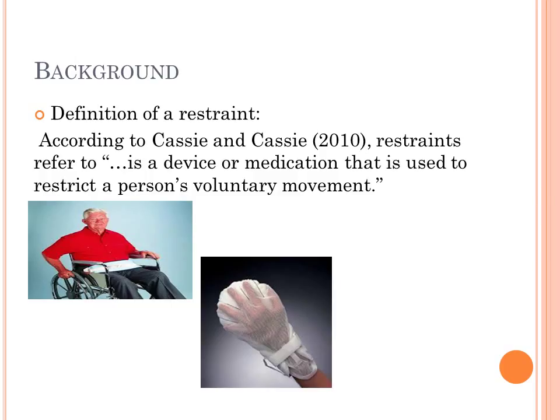And as you can see in the PowerPoint there is a lap belt, there are also mittens, things like that. In terms of chemical restraint, some of them could be antipsychotics or anxiolytics by themselves, for example, lorazepam, diazepam, and such.